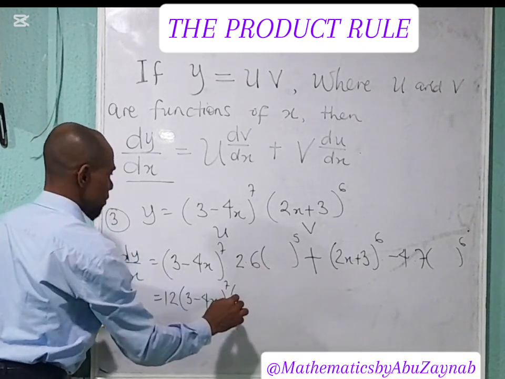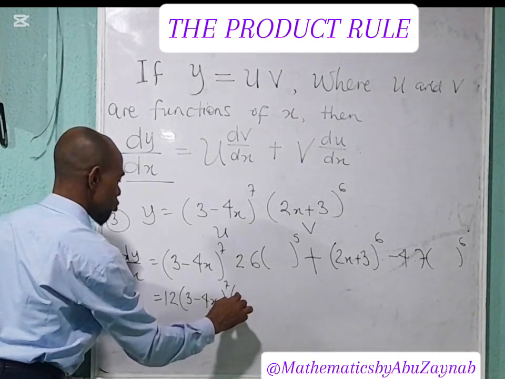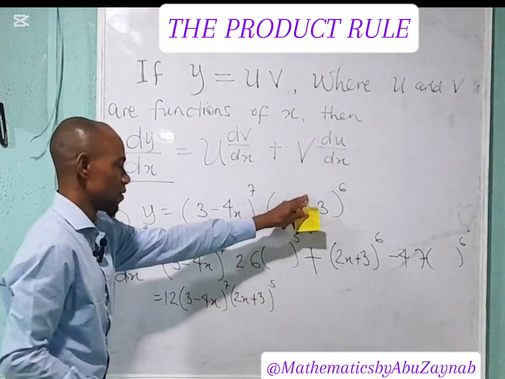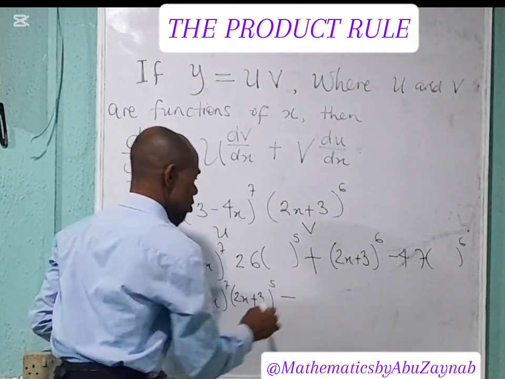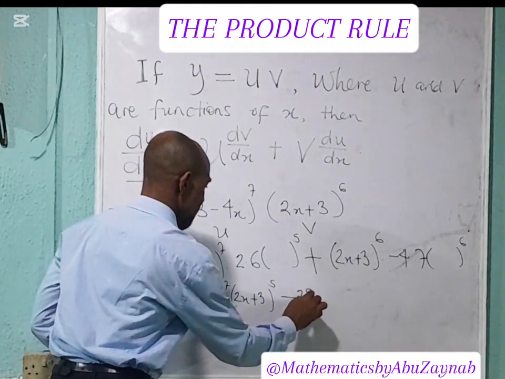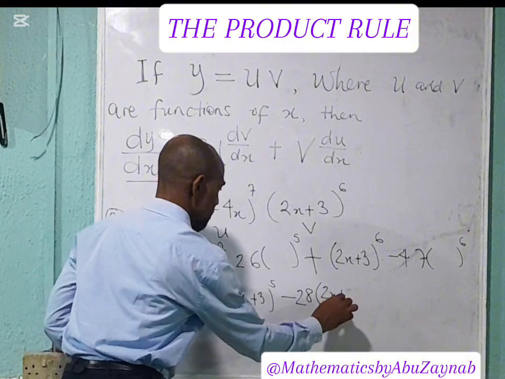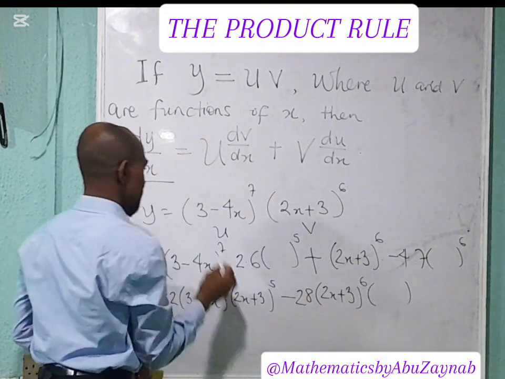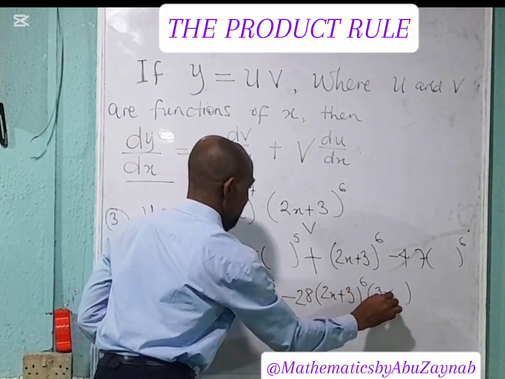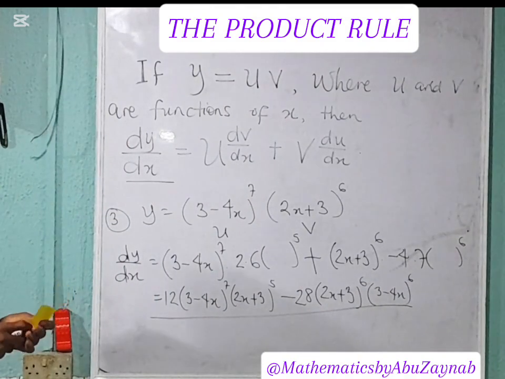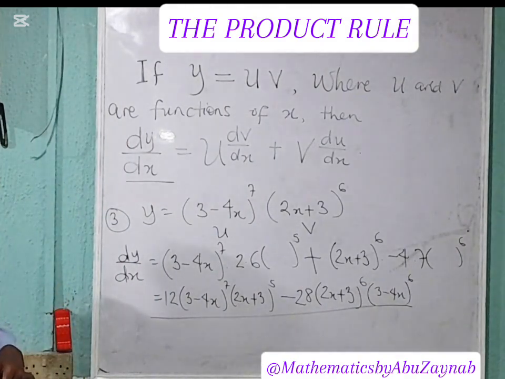Now fill in the bracket, which is in this case 2x plus 3 to the power of 5. Then here it's going to become minus, because plus times minus 4 times 7 is minus 28. Then we have 2x plus 3 to the power of 6. Then fill in the bracket here, which is this time around 3 minus 4x to the power of 6. And that does it. Quite straightforward really, but it can be a bit tricky for a first timer.